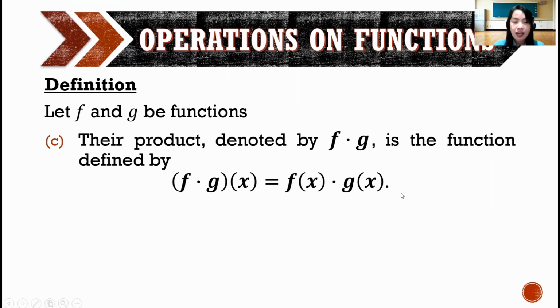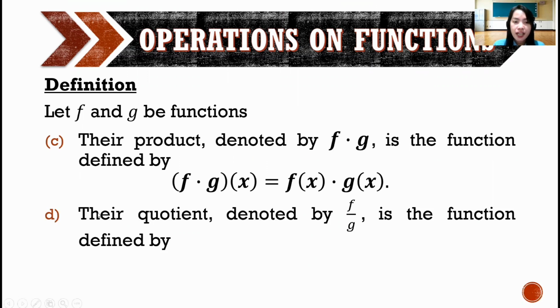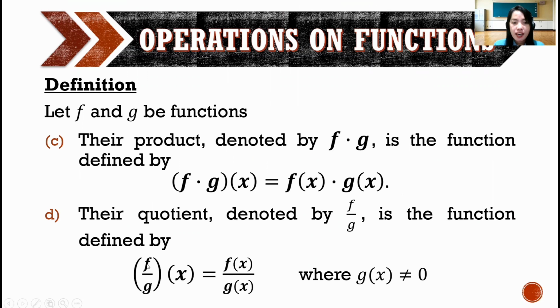And last, for division, their quotient denoted by f over g is the function defined by f all over g of x that is equal to f of x over g of x. And take note, meron tayong condition for division and function, na ang value ng denominator here, or ang g of x, should not be equal to 0.